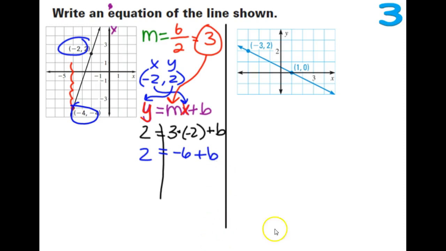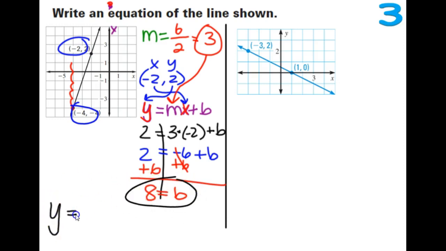So to move that -6, I have to add 6. So 6 plus 2 is 8. So b is 8, and that makes sense. 4, 5, 6, 7, 8 would probably be up here somewhere. So our equation would be y equals m, which is 3x, plus b, which is 8. y equals mx plus b.